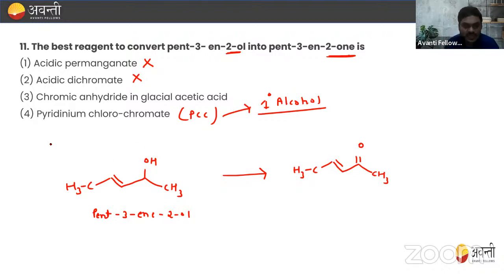So out of these three, chromic anhydride in glacial acetic acid is a better reagent to convert this. So we are using CrO3 in glacial acetic acid, CH3COOH.